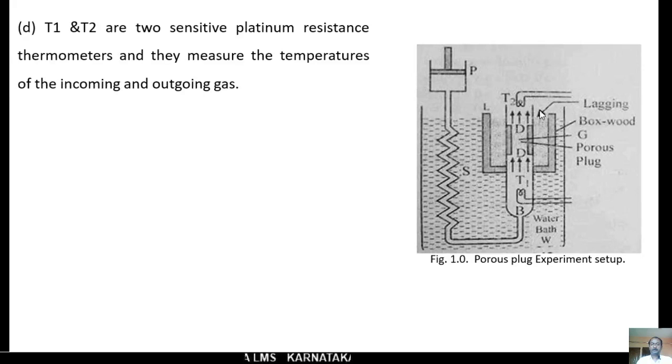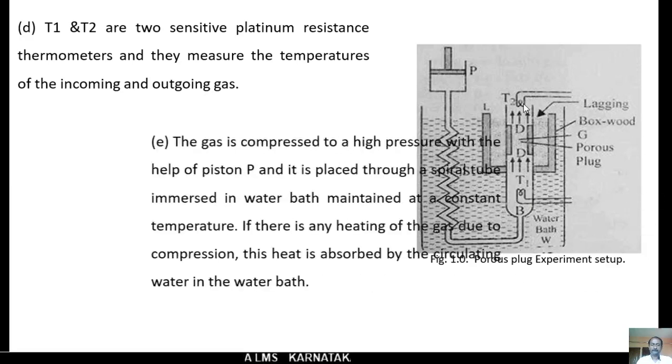T1 and T2 are two sensitive platinum resistance thermometers, and they are used to measure the temperatures of the incoming gas and outgoing gas. Here T1 is a platinum resistance thermometer which is used to measure the temperature of the incoming gas, and T2 is another thermometer which is used to measure the temperature of outgoing gas.